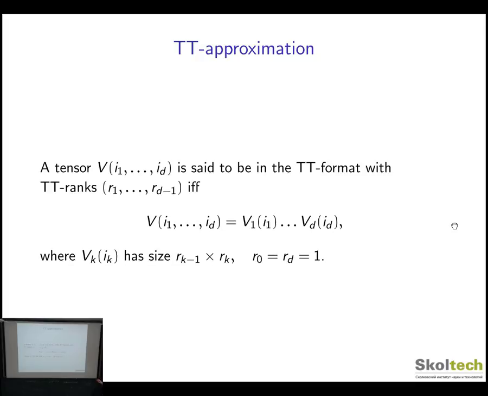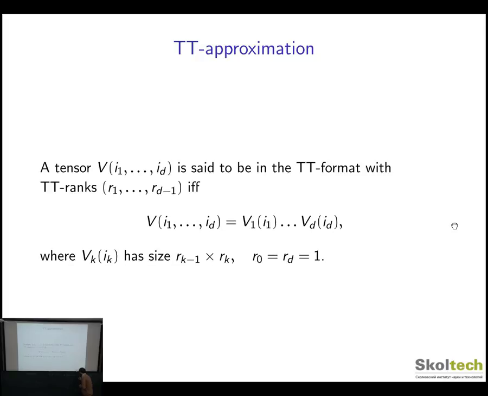But now the difference is that these guys are now matrices. So for a fixed i_k, these are matrices. A graphical illustration could be: you have this condition that if you fix all indices, you get a number. So you have a collection of rows here. You have a collection of small matrices here. So this is the first mode, second mode, third mode.